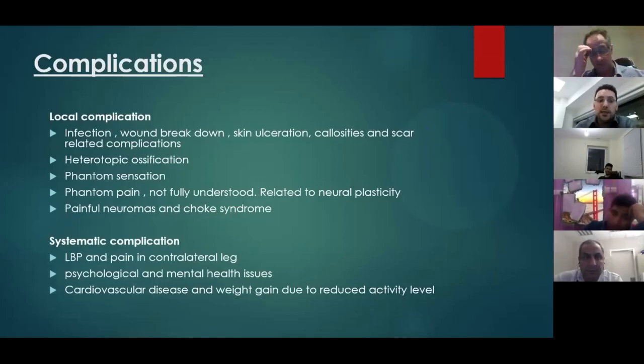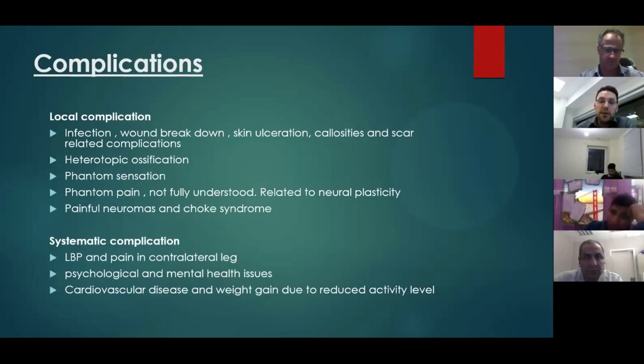And there is some technique where you could inject local anesthetic during surgery to make sure the pain is under control in the post-operative period. If the patient develops a painful neuroma, one of the known techniques is to dissect the nerve more proximally, leading to another neuroma away from the weight-bearing area.